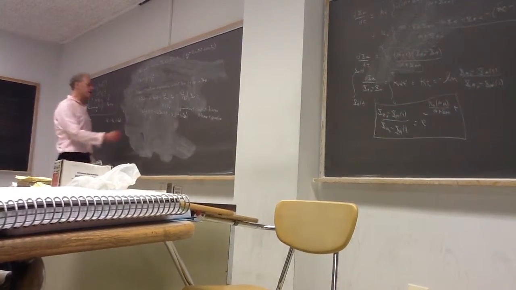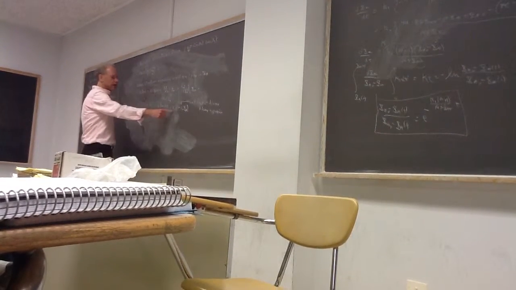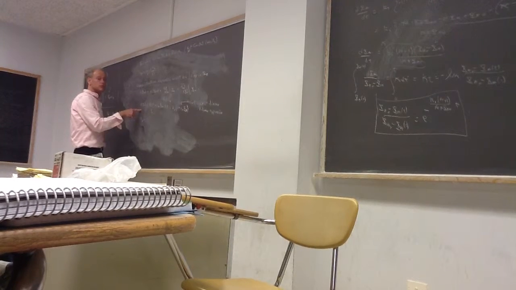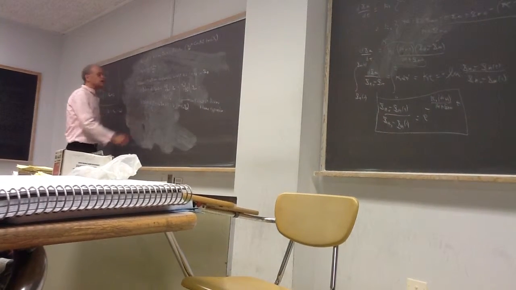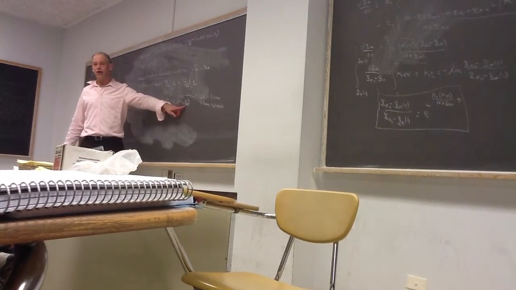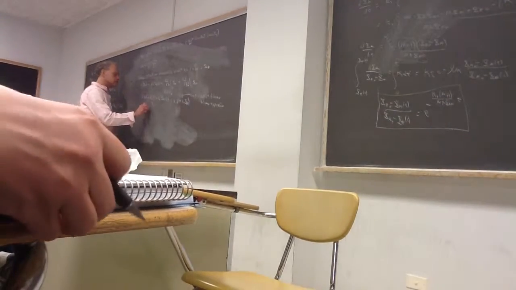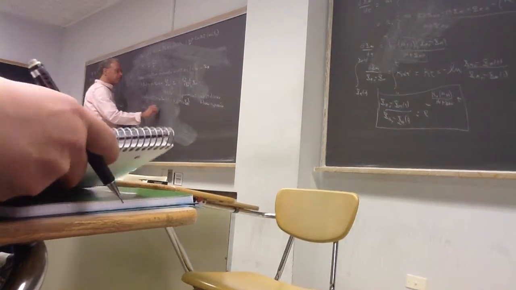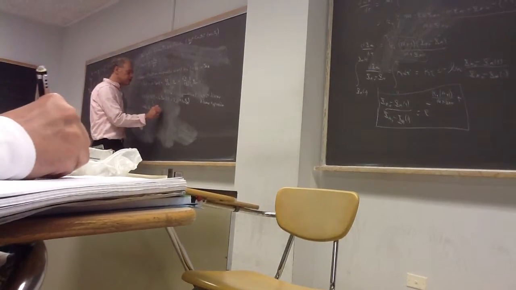Okay, so I can solve for epsilon a. In order to solve for epsilon a, let's look at what happens when xa equals 1. Maybe I should be explicit here so we don't have this confusion.